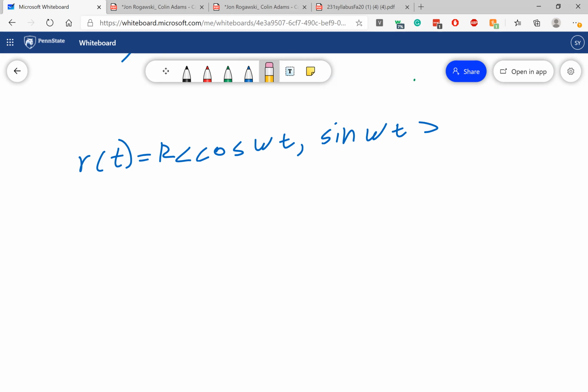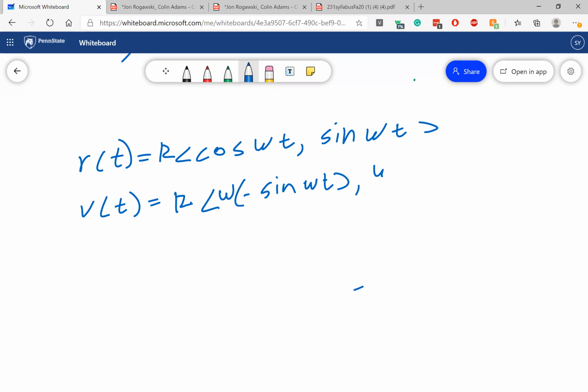Now when we look at the velocity, we just have to take the derivative. So this is going to be r times, and over here we're going to have omega times negative sine of omega t, and omega cosine omega t.